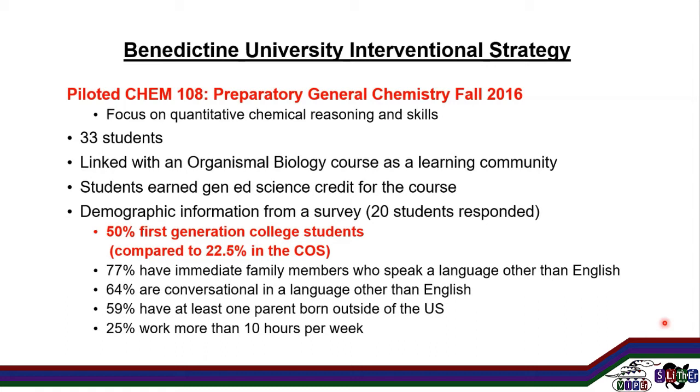They had jobs because they had to support themselves and sometimes their families in order to go to school. And so these were students that were really dedicated, but they had so much external things going on that they did need that additional support.